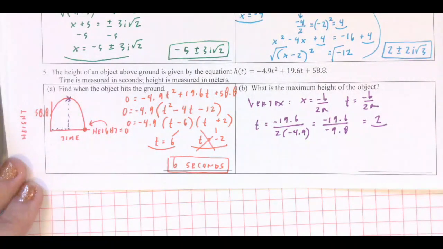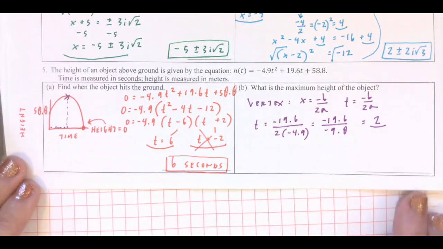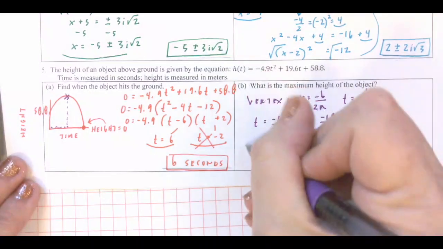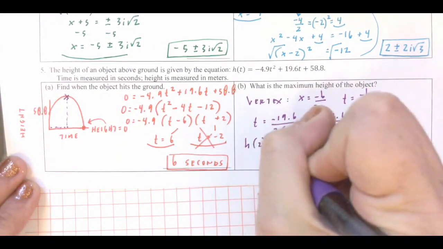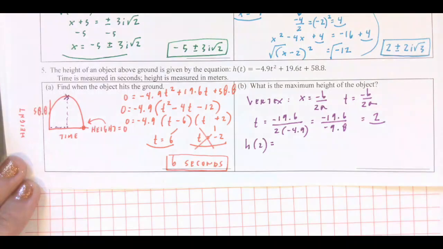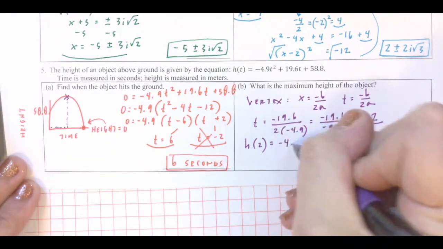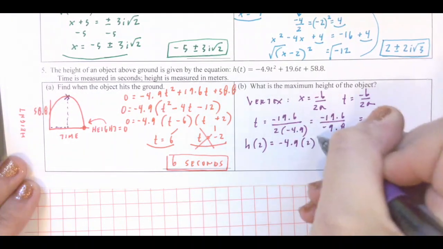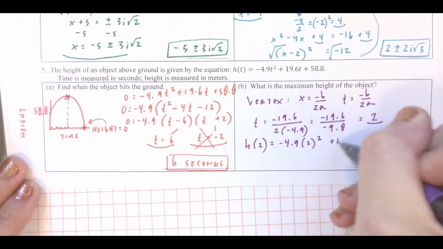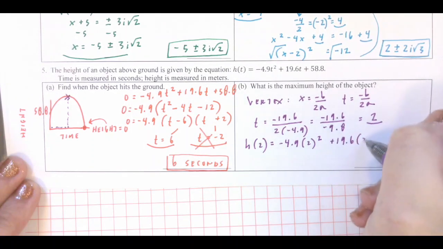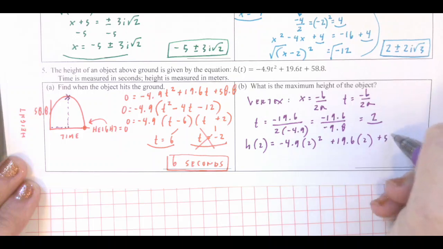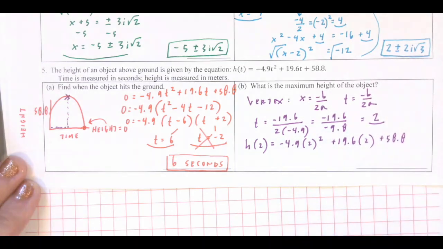I just need to know what that height is. So I'm looking at my height at 2 seconds. So h of 2 equals negative 4.9 times 2 squared plus 19.6 times 2 plus 58.8.